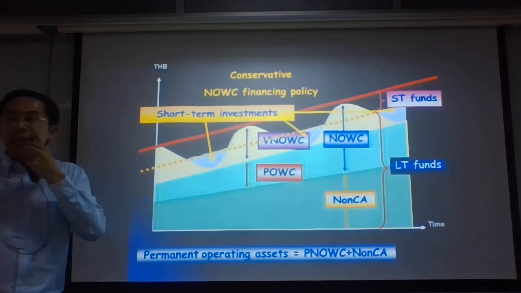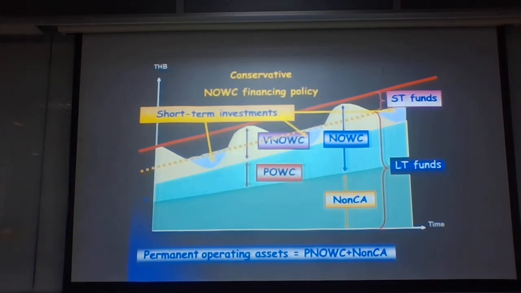Variable net operating working capital is classified as short-term operating assets. Variable, right? Net working capital is a short-term asset, correct?